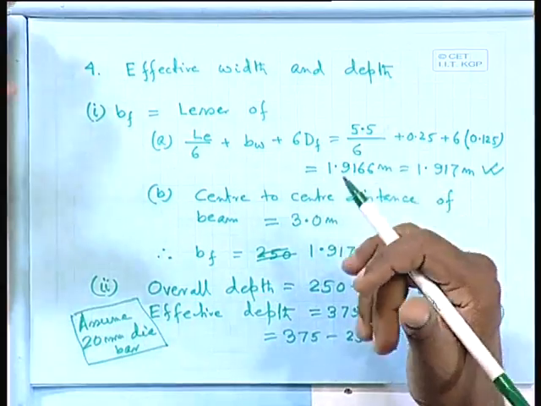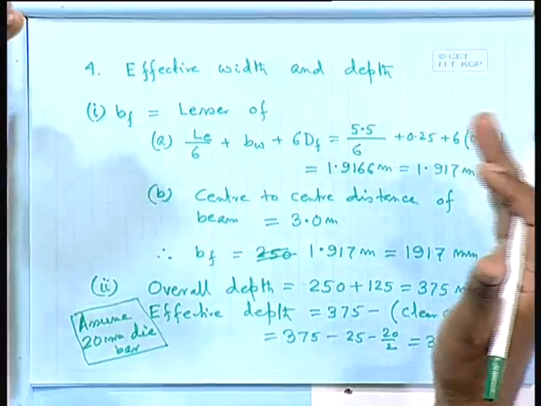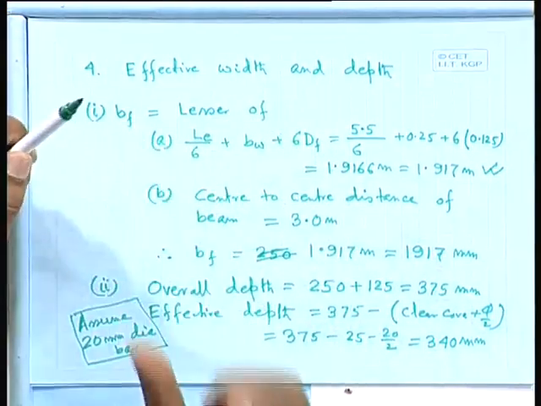That is why I prefer to assume the overall depth and also assume which diameter bar we shall provide. On that basis, we calculate the effective depth, because effective depth can be any number, whereas overall depth I prefer in multiples of 25, or maybe multiples of 10. It is dependent on the designer. So, let us assume the overall depth and come to the effective depth.